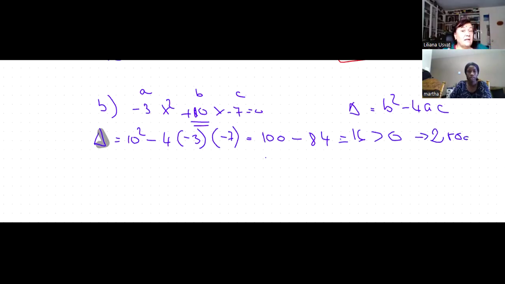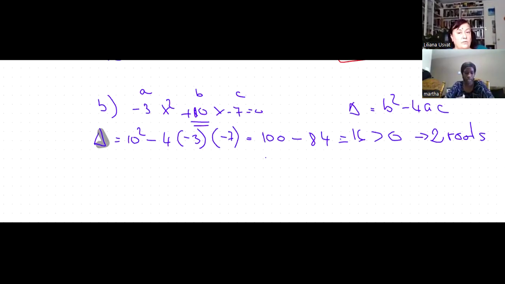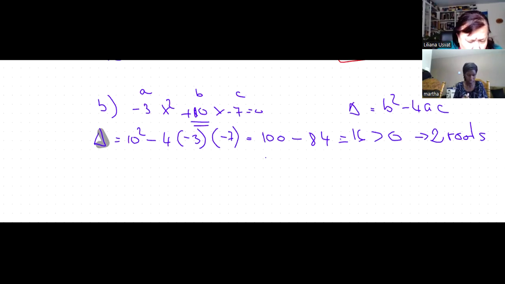They didn't ask us what the roots are. They just ask how many roots. You don't need to unfold it. Minus 3 times minus 7, he doesn't need to unfold it.